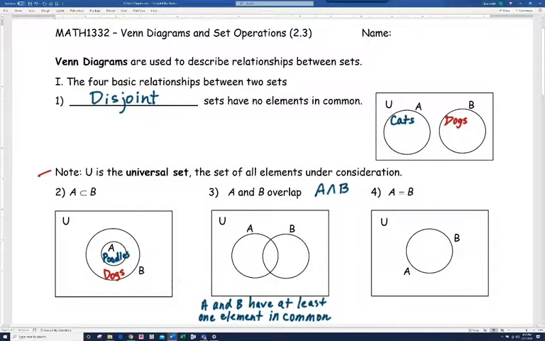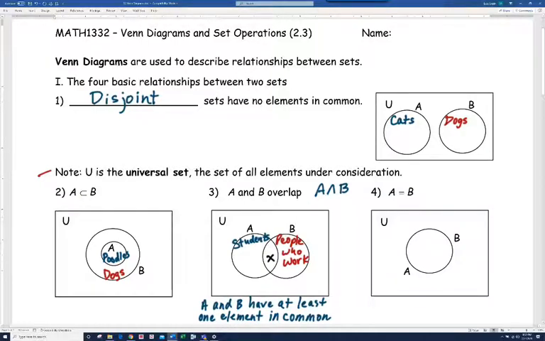Let me give you an example. We could say A is a set of students and B is a set of people who work. And of course, there's at least one person that's a student and who works. In fact, many students work. In our book, they'll sometimes put an X to indicate there's at least one person in there.